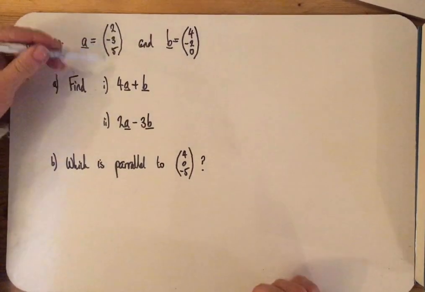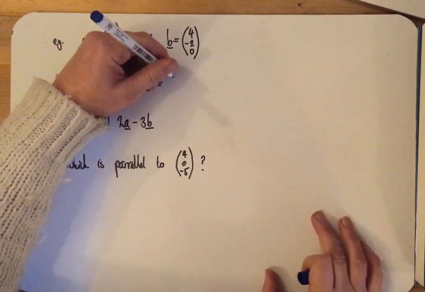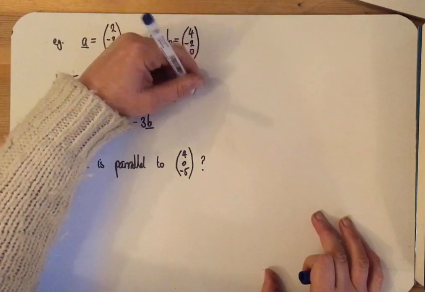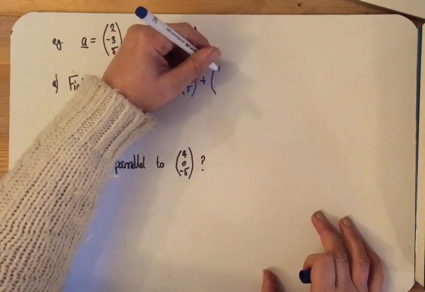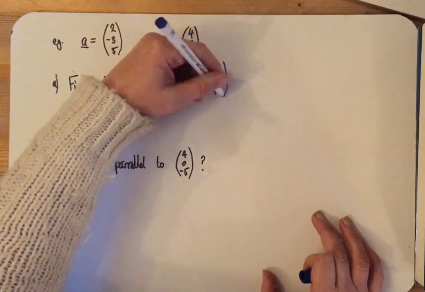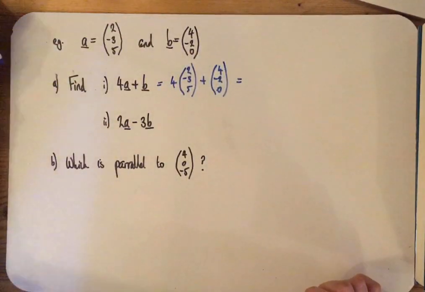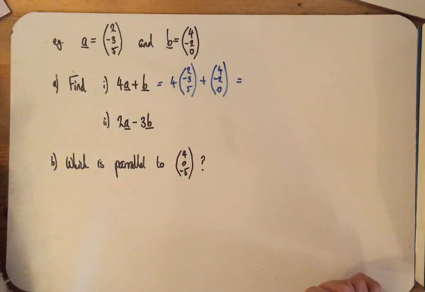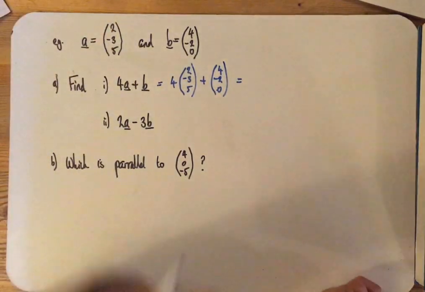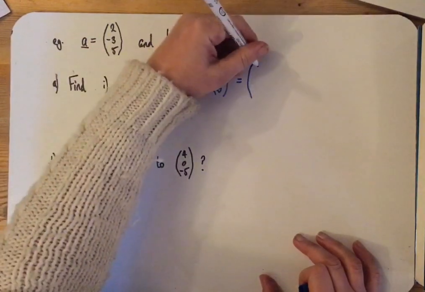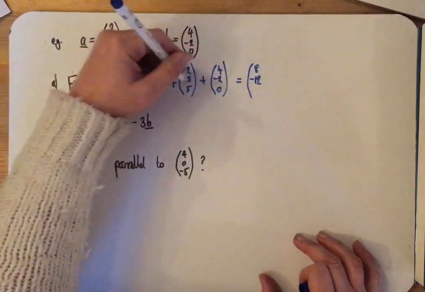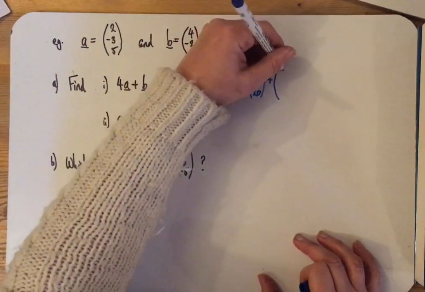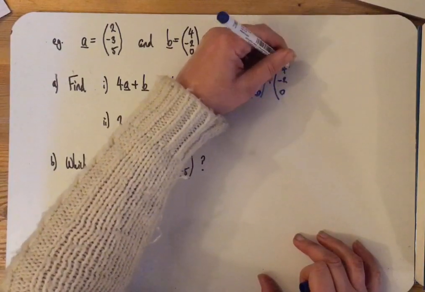Right, so a is (2, -3, 5). If I want to do 4a plus b, then you're literally just doing this. So just checking you're okay with this, which you should be. So you do 4 lots of (2, -3, 5), which is (8, -12, 20), plus b, (4, -2, 0).